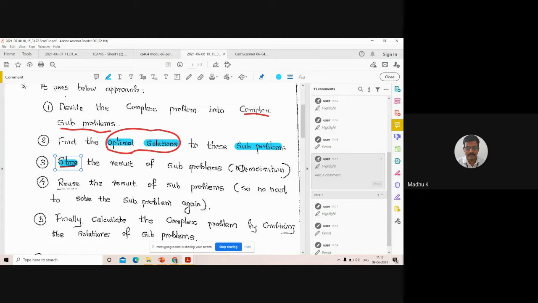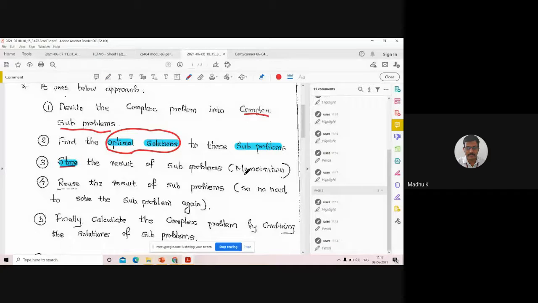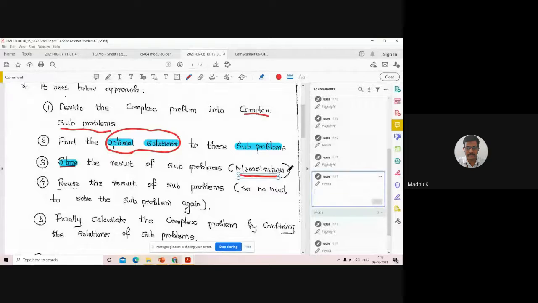This is called memoization. Store the result of the subproblem. Then reuse. Why are we storing something? We want to reuse it.